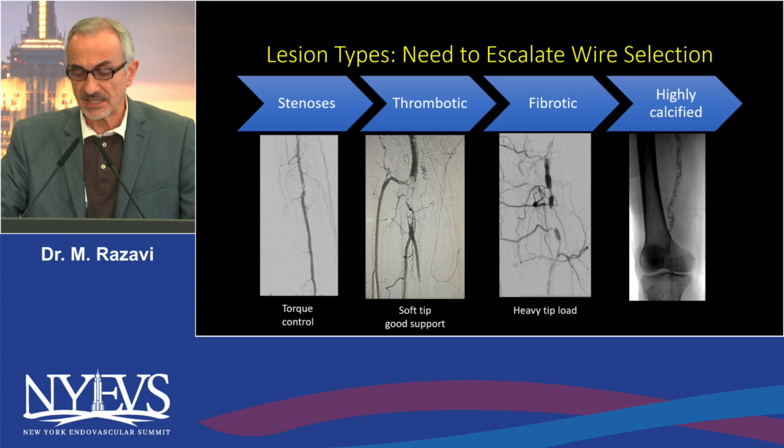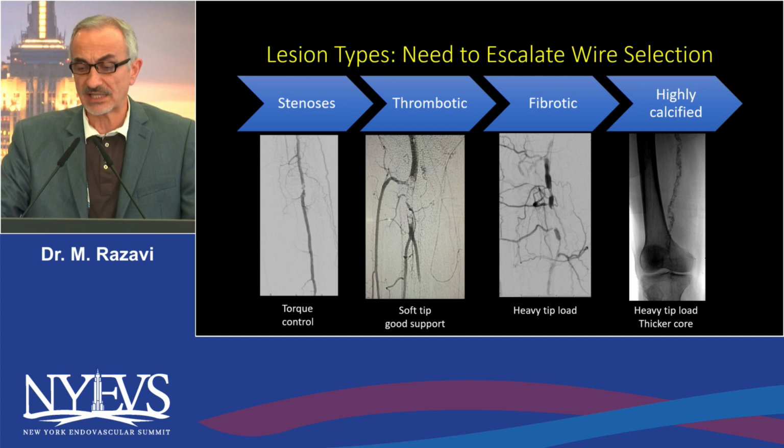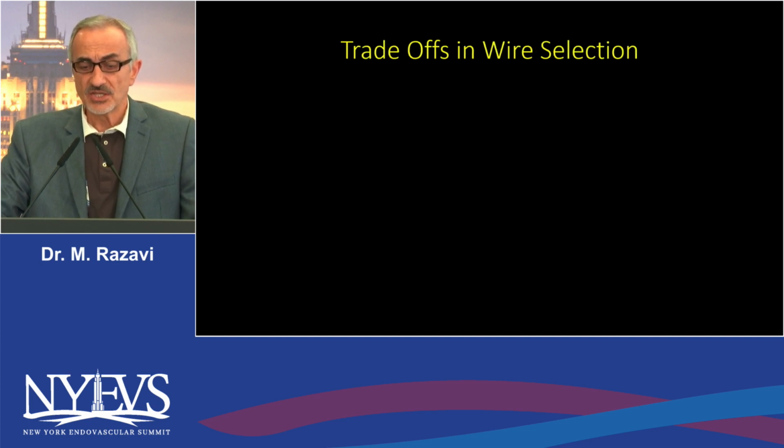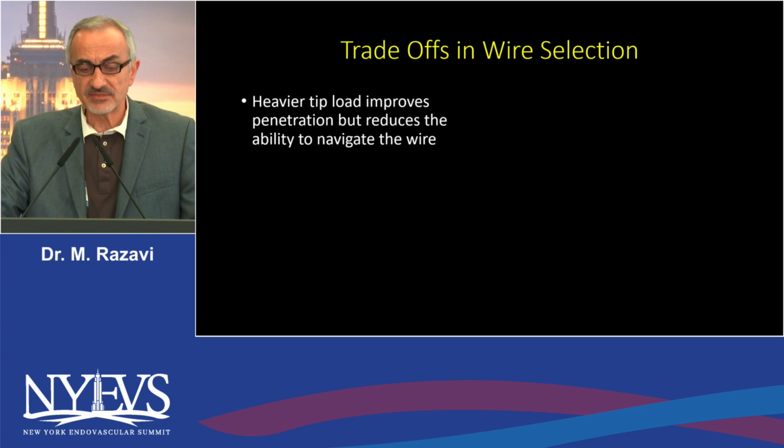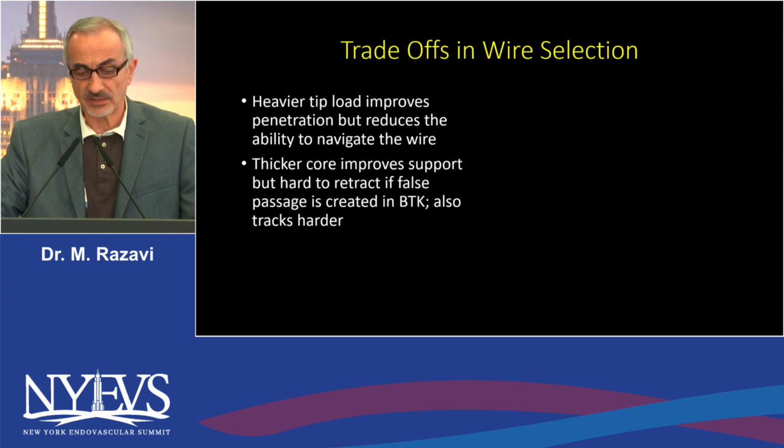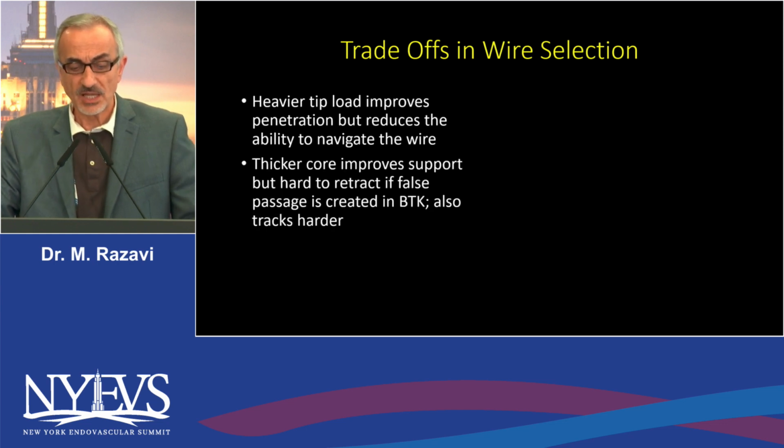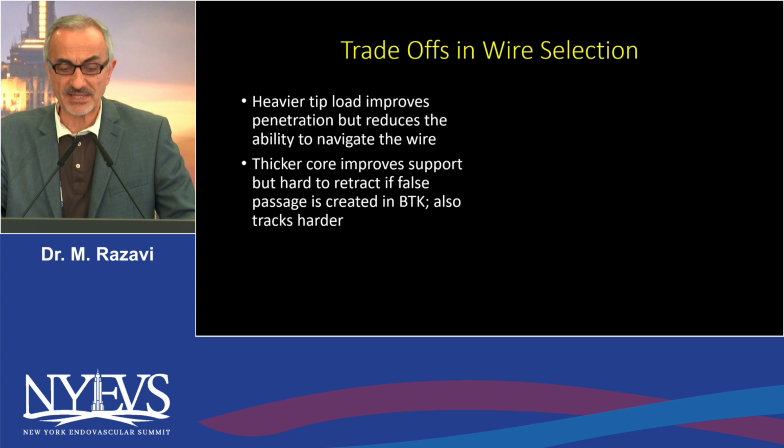A soft tip approach, heavy tip load, and then heavy tip load with thicker coil when you're going through calcified lesions such as this. Some of the trade-offs are that heavier tip load wires improve penetration but reduce your ability to navigate the wire. The thicker core improves support but is hard to retract if a false passage is created.